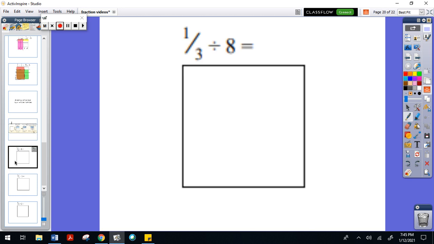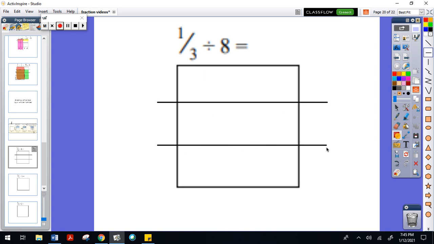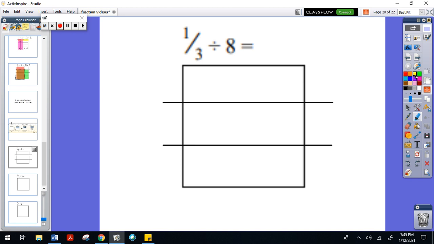So now let's think about 1/3 divided by 8. The first thing that I'm going to do is I'm going to partition this square into thirds. And then I'm going to color in 1/3 of my shape. Just like that.